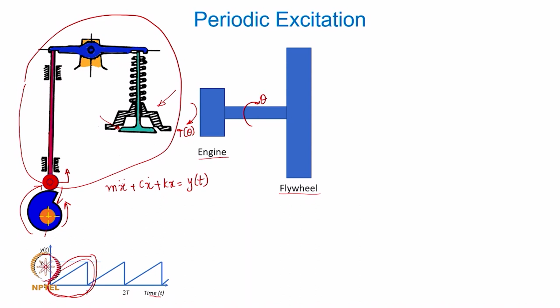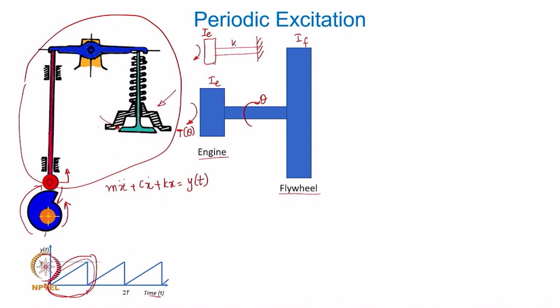Now, if this flywheel has a larger inertia compared to the inertia of the engine, then as an approximation I can presume the flywheel to be fixed, and I can model this as a single degree of freedom torsional vibratory system, which means that this engine inertia will be the only inertia, assuming the crankshaft to be massless.